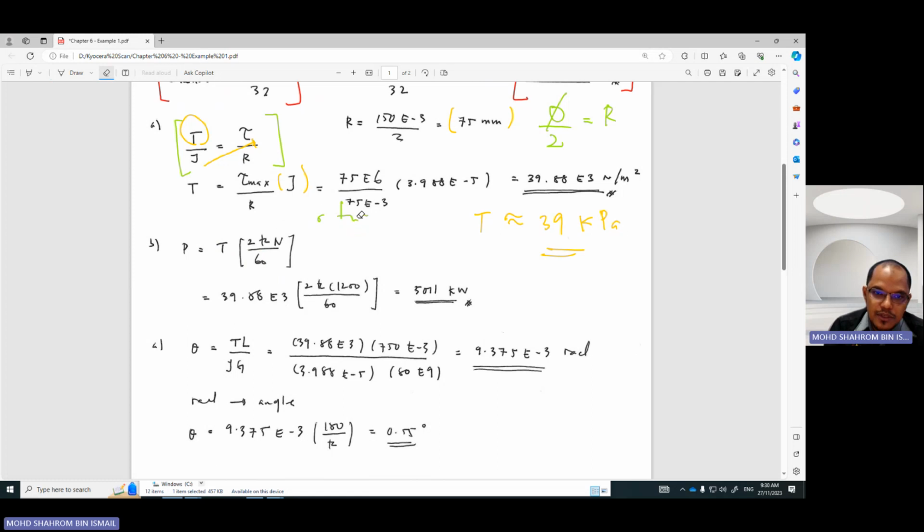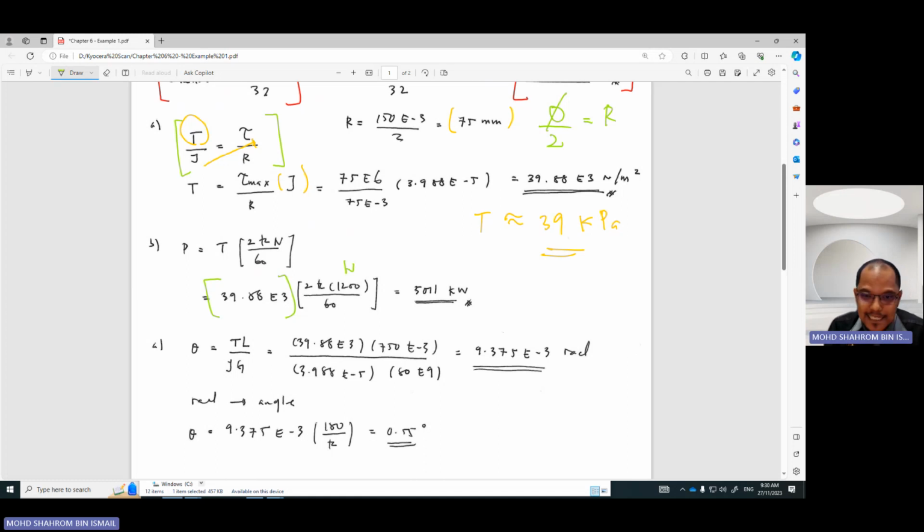So simple equation, just need to insert all the value required. Therefore, for this case, torsion is equivalent to 39 kilopascal, and then it goes along with 2 pi n, which is 1200 RPM, and then divided by 60.